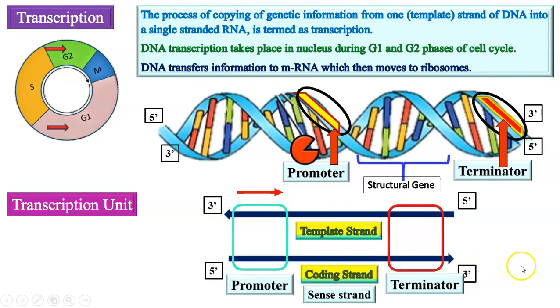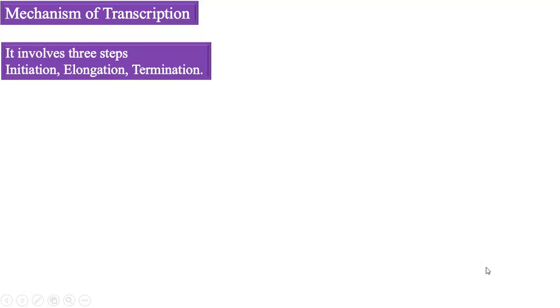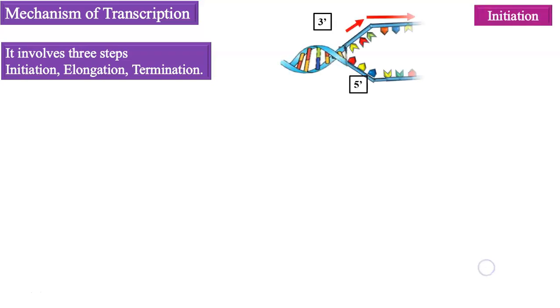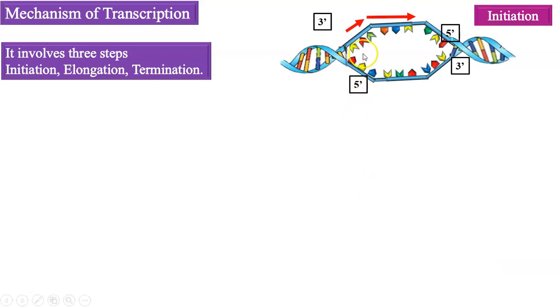We will understand the transcription process now in detail, the mechanism of transcription. The three steps involved in transcription are initiation, elongation, and termination. The enzyme RNA polymerase binds to the promoter at the template strand towards the 3' end.